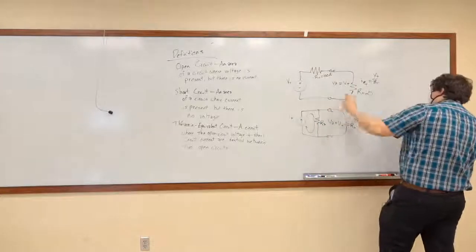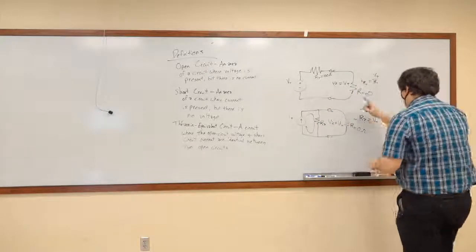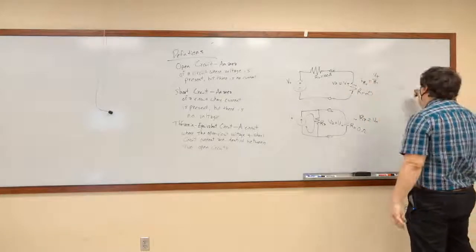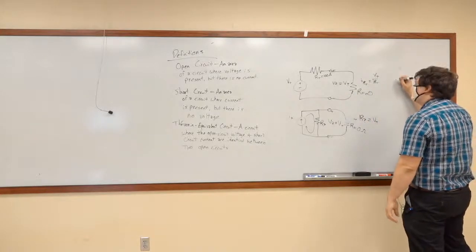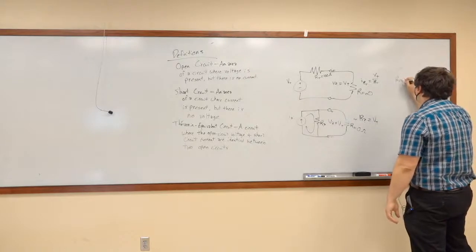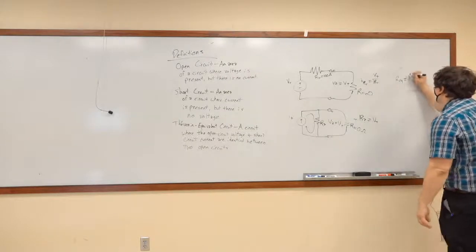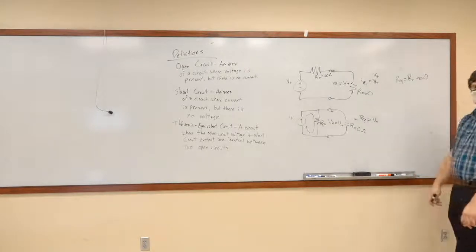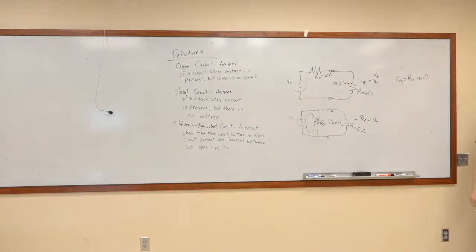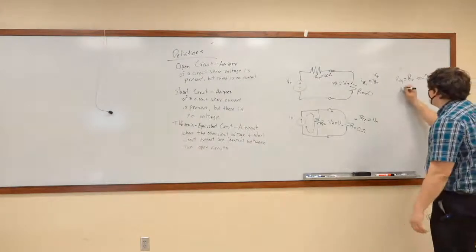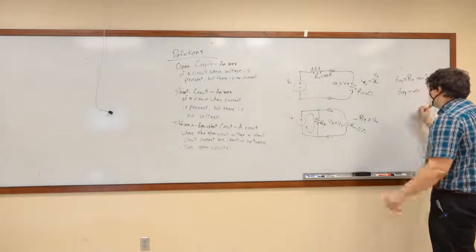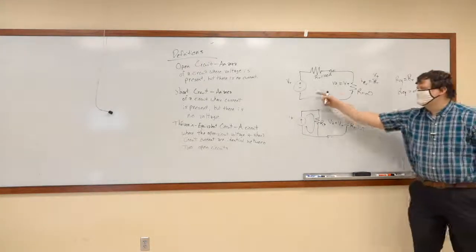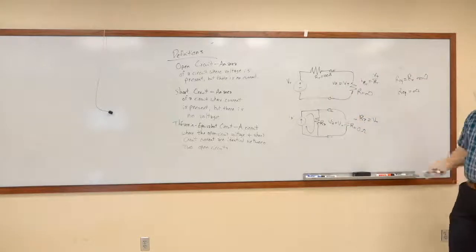Okay? So if we want to make this an open circuit and put this in series with each other, well, we know that the equivalent resistance, Req, is equal to RT, whatever that is, plus infinity. Well, you're not going to get less than infinity by adding it, which means that your equivalent resistance here is equal to infinity. Okay? Now you want to find out how much current is flowing through this circuit with an infinite ohm resistor.